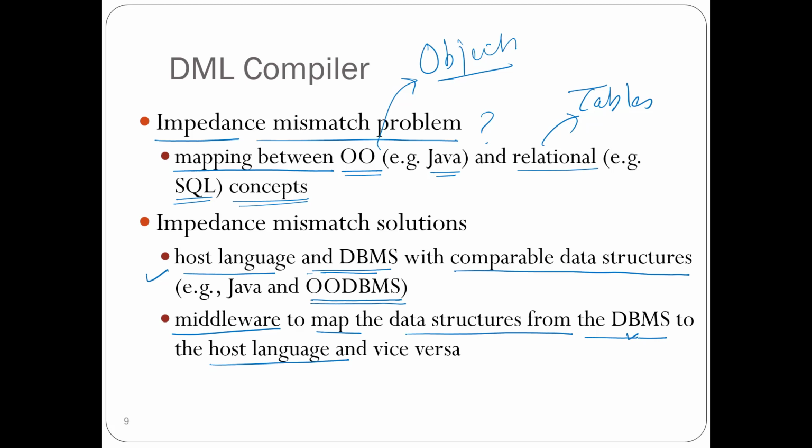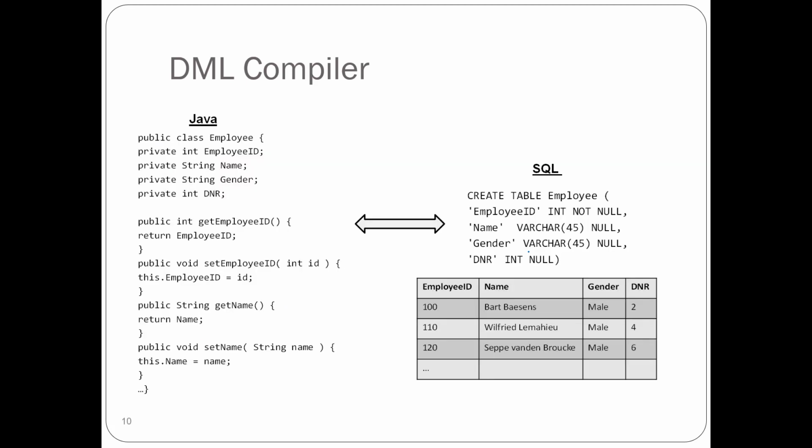This is still valid for the example that we had for Java and relational DBMS. This could be important. So in the next slide we have an example to give us some idea about impedance mismatch.